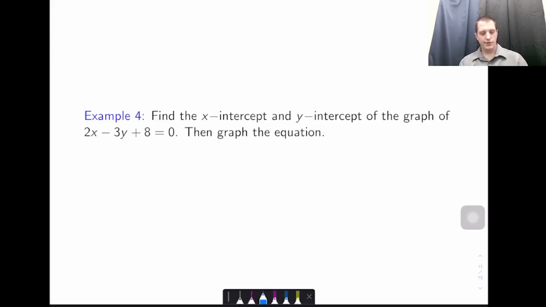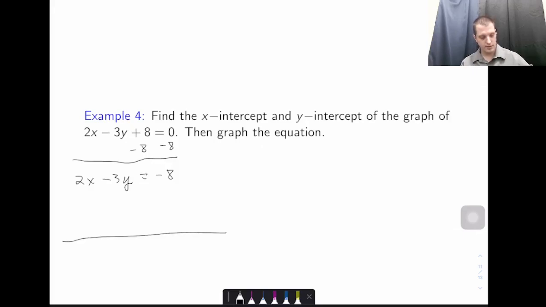So what I'm going to do is first put this into standard form and get 2x minus 3y equals -8. Personally, I would have preferred that -8 being a 6 if I'm using intercepts, but not everything's how I want it to be.